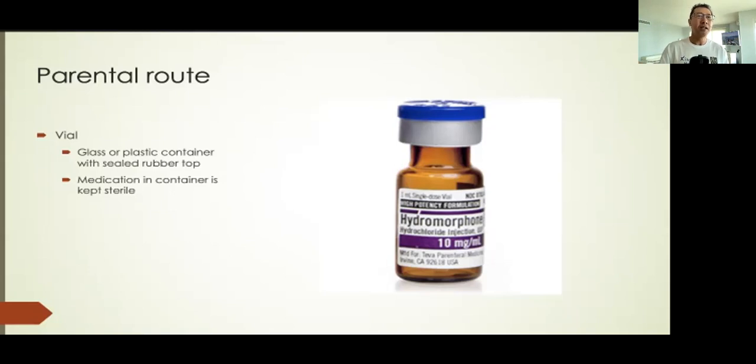Okay. So these medications come in little vials, about the size of half of my thumb. And when you're dealing with these medications, you have to pay very close attention to the concentration of the medicine, because this hydromorphone, which is Dilaudid, is a very powerful pain medicine.